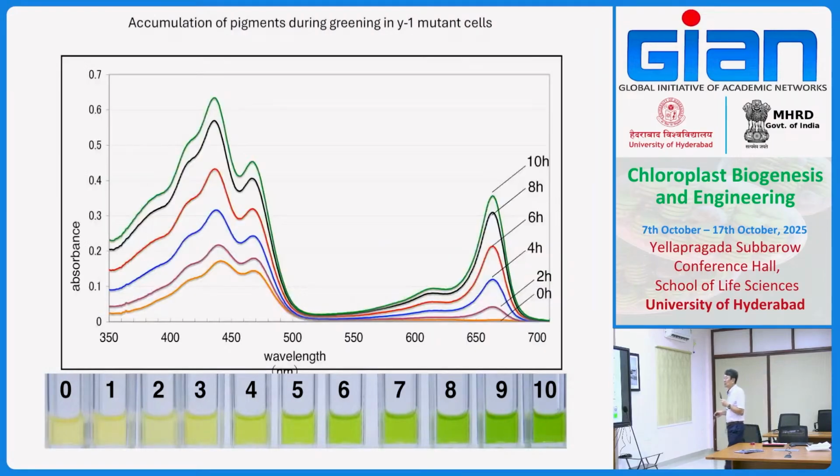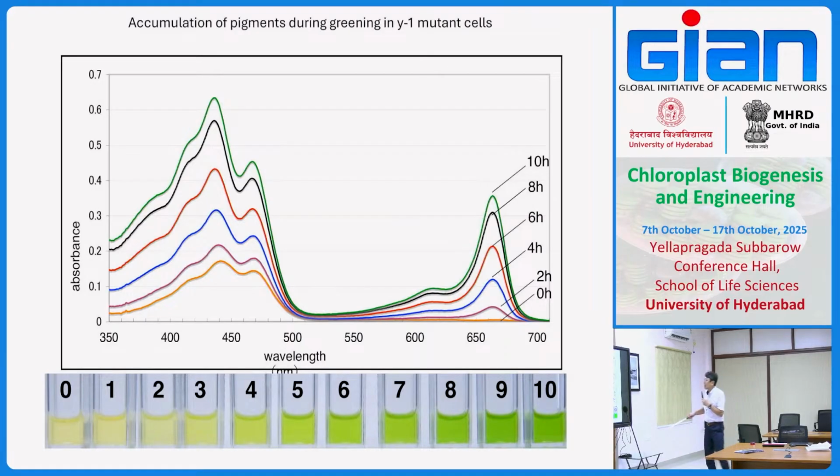So this is an absorption spectrum. This is wavelength, and this is absorbance. This is the extract from yellow cells grown in the dark, the orange extract. There are 3 peaks here in the blue region, the typical absorption spectrum shape of carotenoids, meaning a mixture of xanthophylls and carotene. In the red region you don't see any absorption because it lacks chlorophylls.